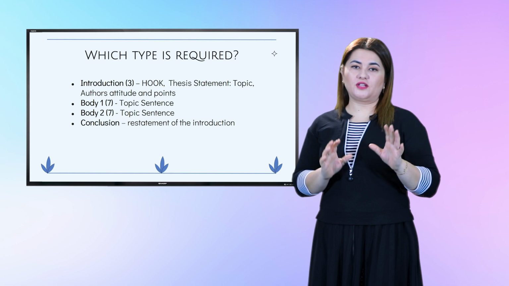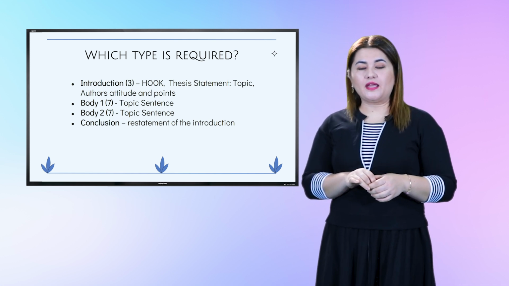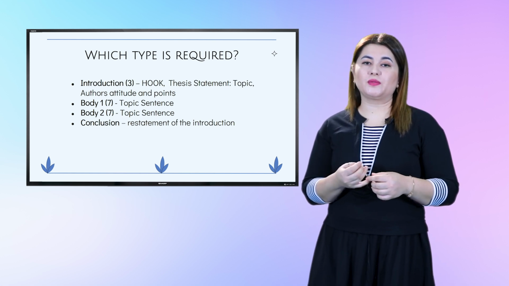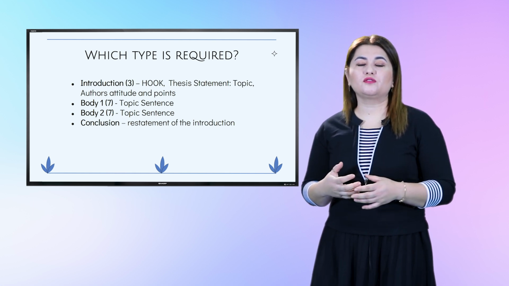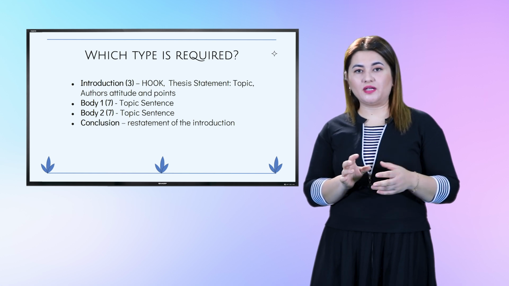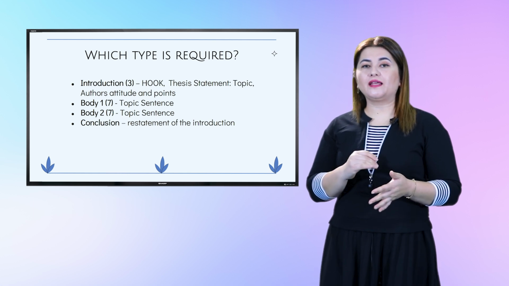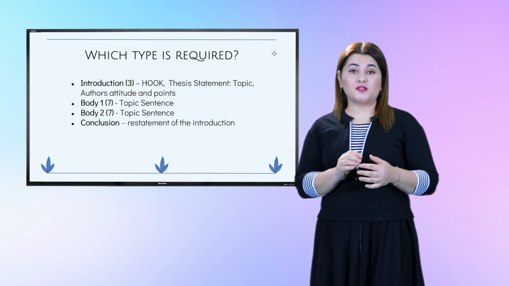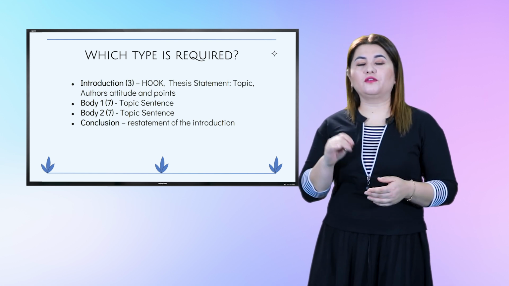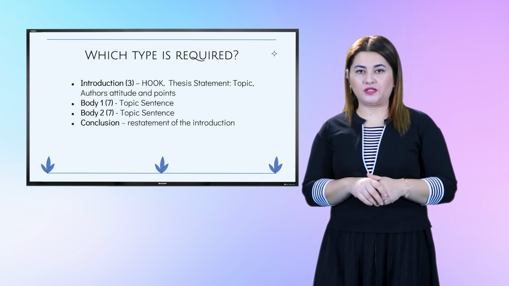If you have 3 sentences in the introduction, usually 2 body paragraphs, but it depends on you, if you have more ideas you can have 3 or 4, and in each paragraph 7 sentences, and at the end the conclusion also contains 3 sentences, then if you count the words, it will be approximately 250.